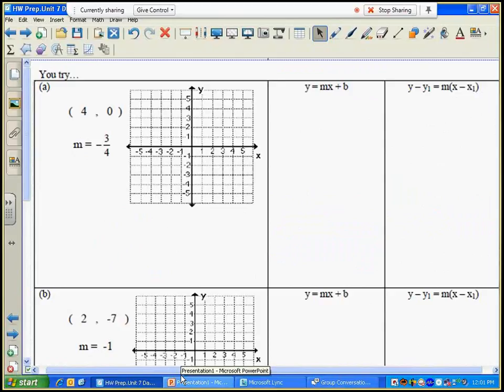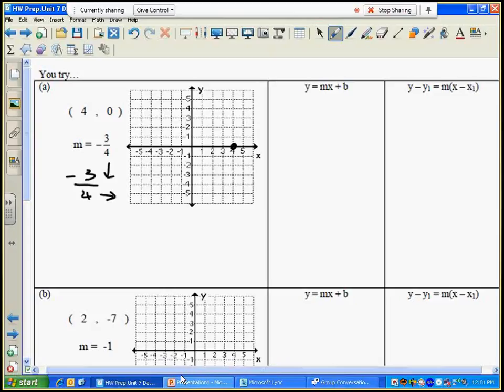Okay, here we go. Remember, think of that as negative 3 over 4. So down 3, right 4. That negative in the middle only goes to one of the numbers. So you can go down 3, right 4, or you could go up 3, left 4. Either way, you're going to get this line here.